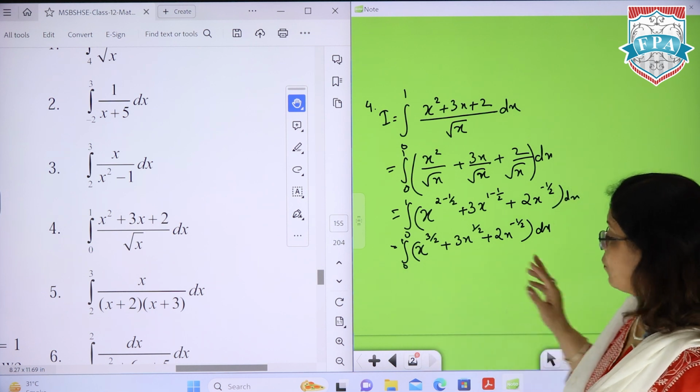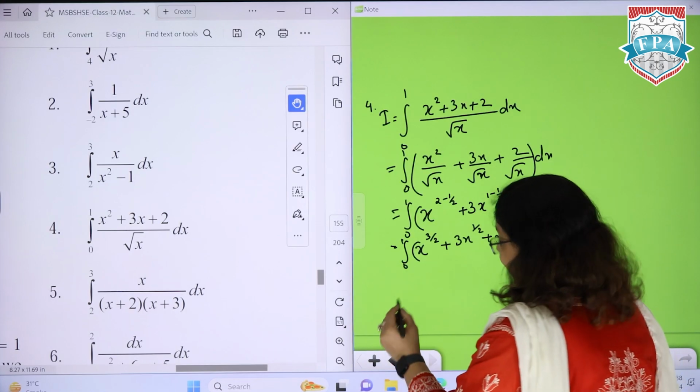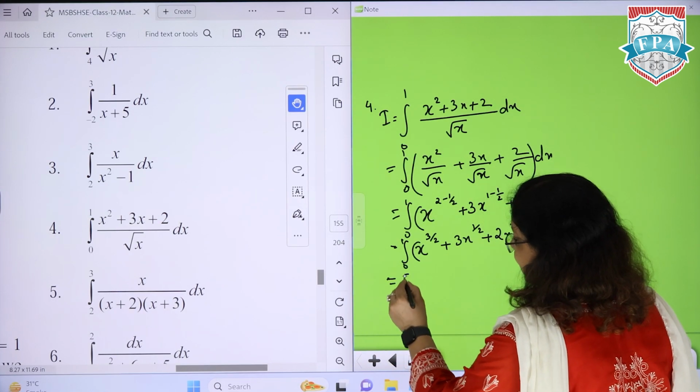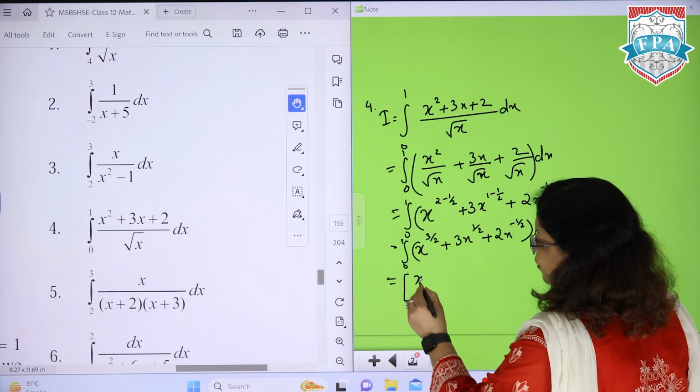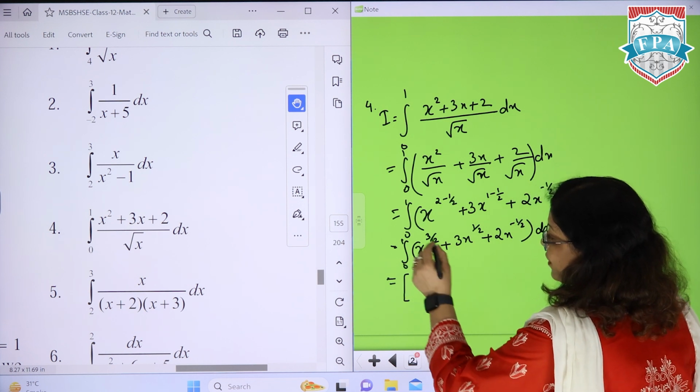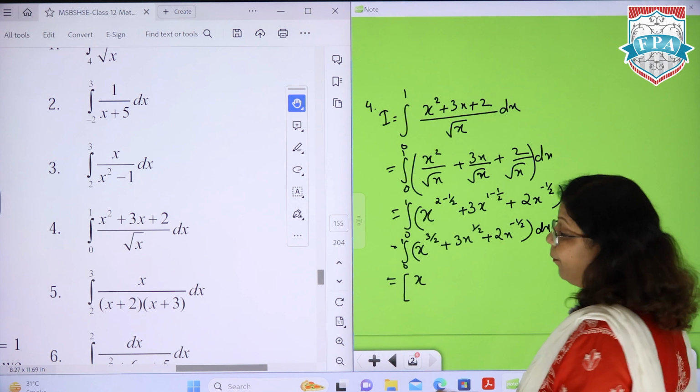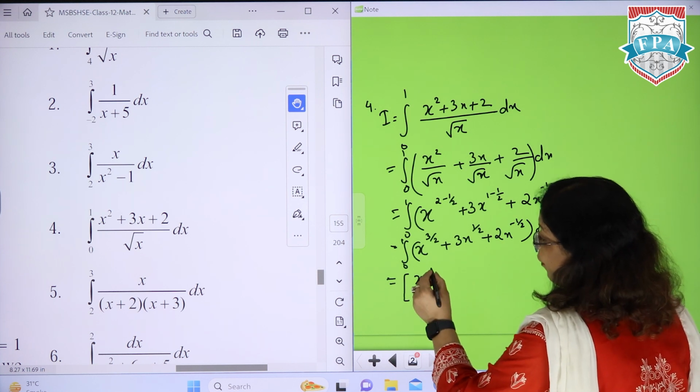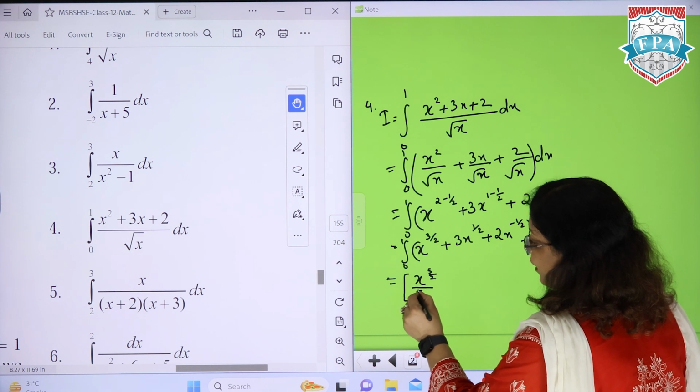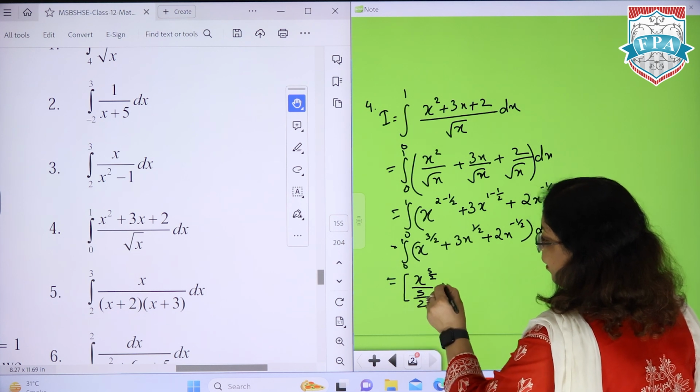Now we will integrate. Once we come to this stage, we will integrate. So the integration will come by using the x to the power n formula. So it is 3 by 2 plus 1, which will become 5 by 2, and the denominator is 5 by 2.